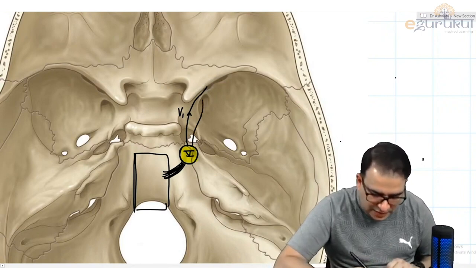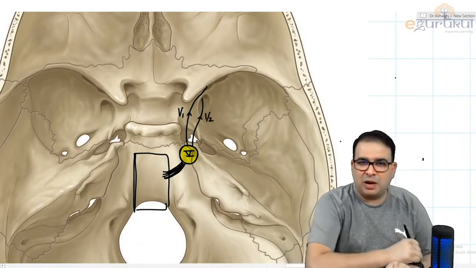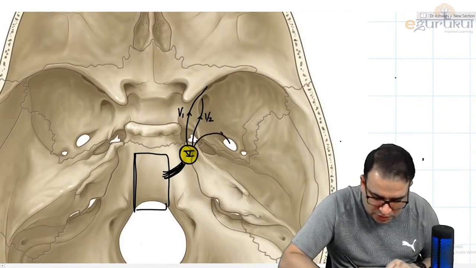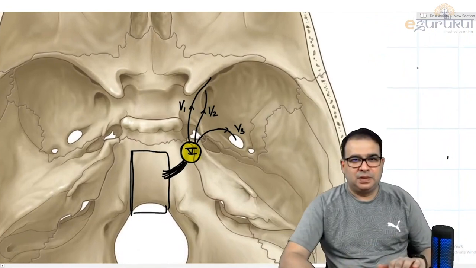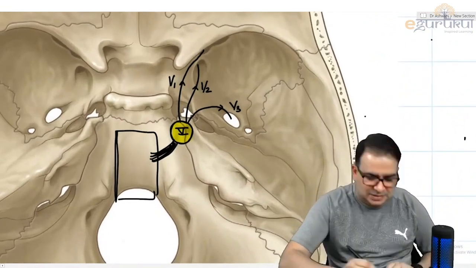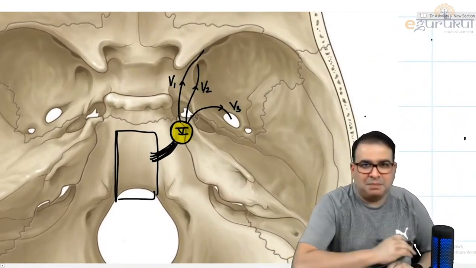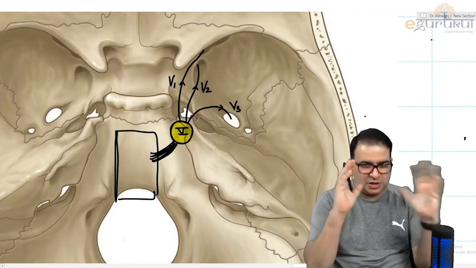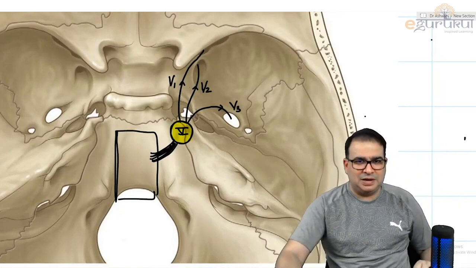Maxillary nerve will enter into this foramen rotundum. That is another foramen present below superior orbital fissure. Whereas mandibular nerve will go through this foramen, that is called as foramen ovale. Ophthalmic, maxillary, and mandibular. Three nerves coming out of the trigeminal. Just to give you a picture that where these nerves are going, and we will discuss them in detail.